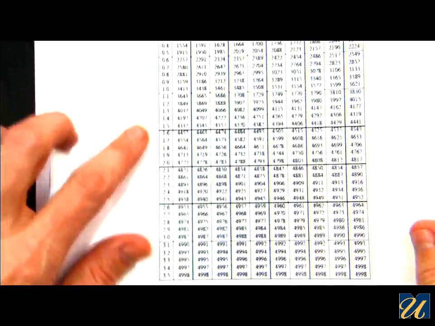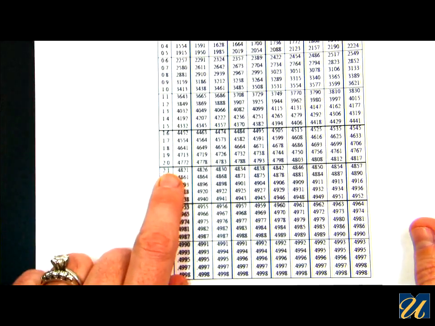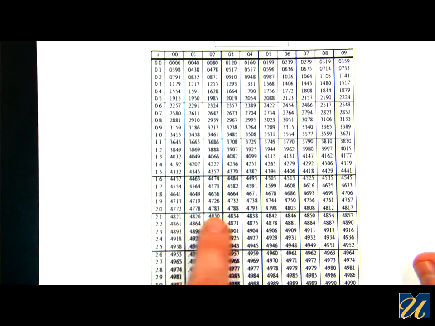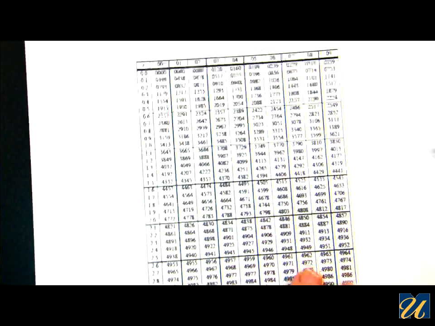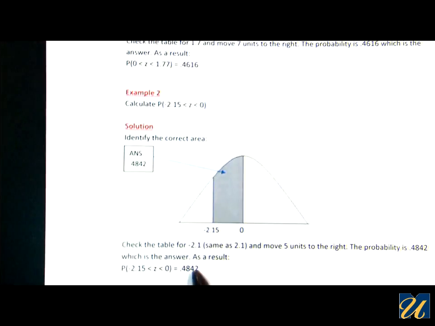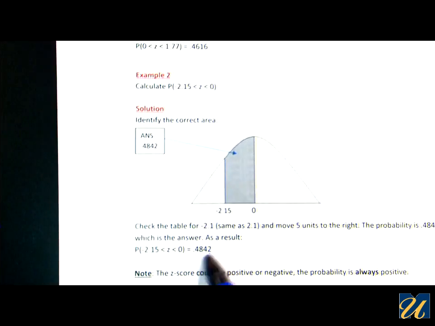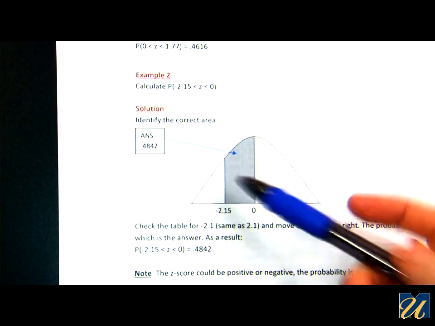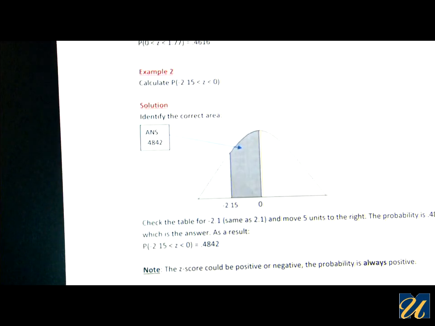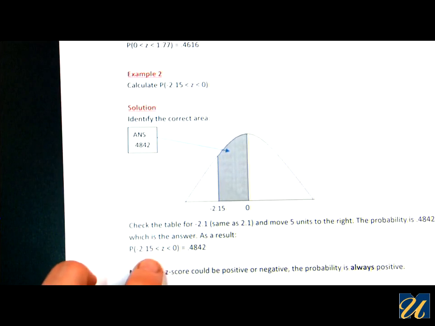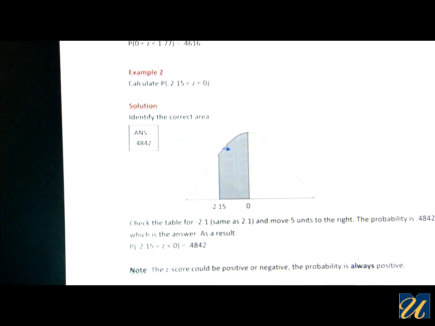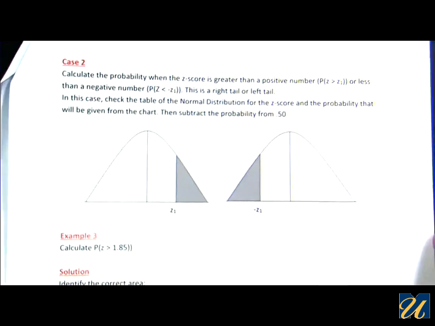So you check for 2.15, so you're going to go 2.1, and then you will move across to 0.5, so 0.4842. So the answer will be 0.4842. You do not need to make any adjustments. This is the area that your table gives you. So this is your answer. Even if you have a negative z-score, the probability is always positive. Keep that in mind. The probability is always positive.